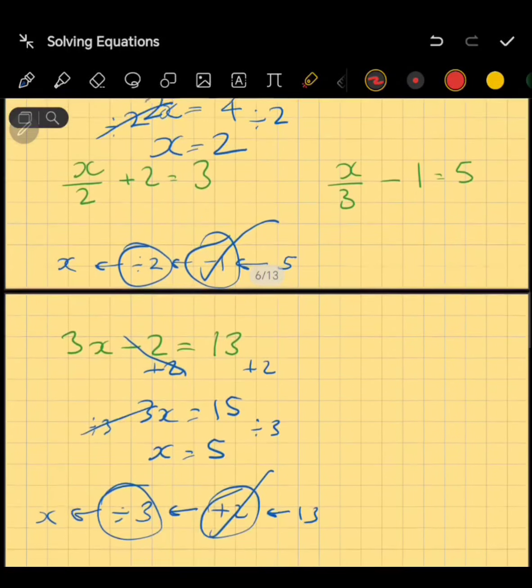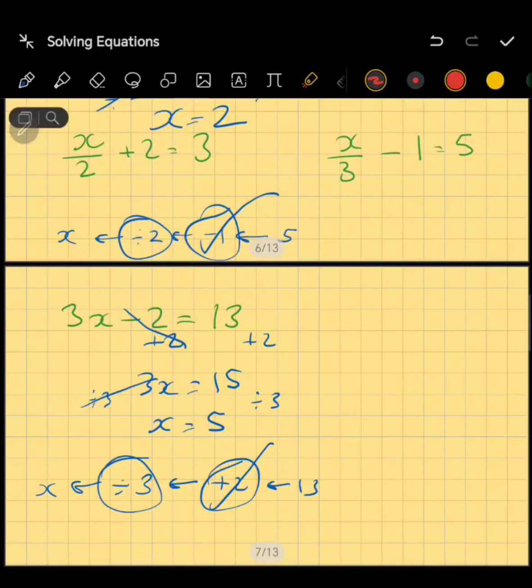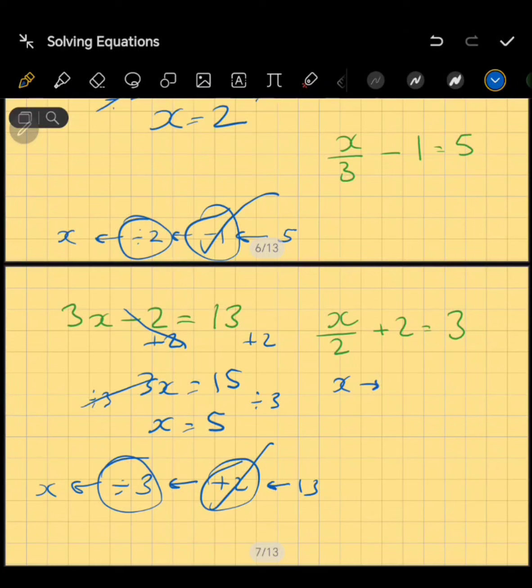Okay, let's now do this question here. So here, the process going forward is, I'm going to remove all these distractions out of the way.